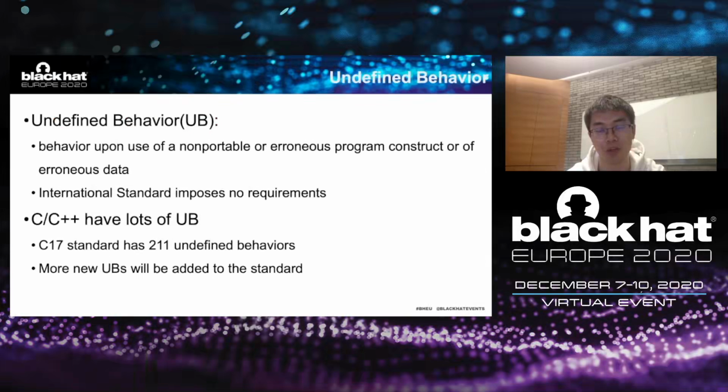What's undefined behavior? According to the C standard, it's behavior upon use of a non-portable or erroneous program construct or of erroneous data. The standard imposes no requirements for undefined behavior. C and C++ have lots of undefined behavior. 211 undefined behaviors appear in the C17 standard, and more new undefined behaviors will be added in the near future.